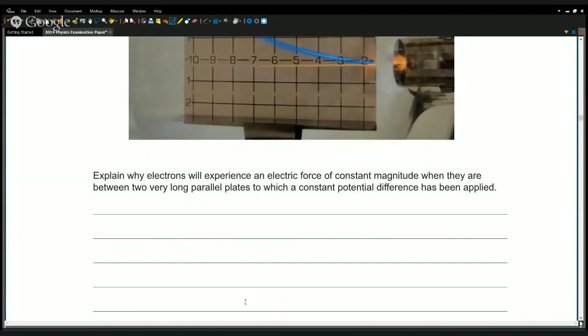Okay, inside infinite plates, field strength is uniform.